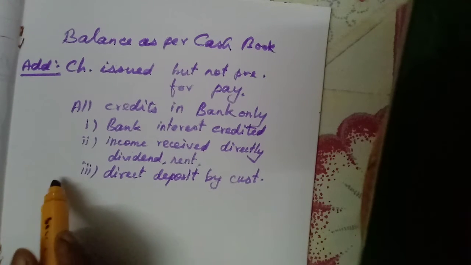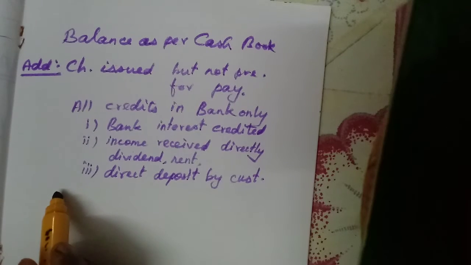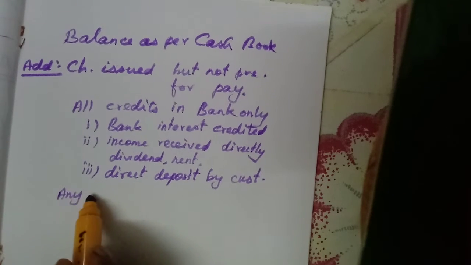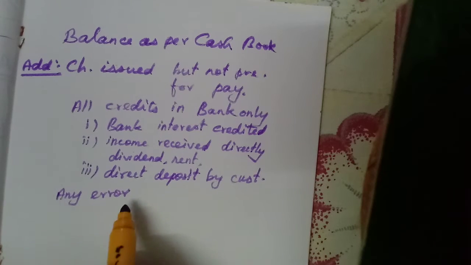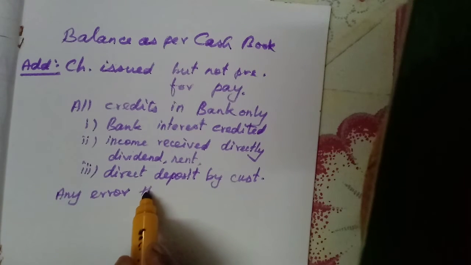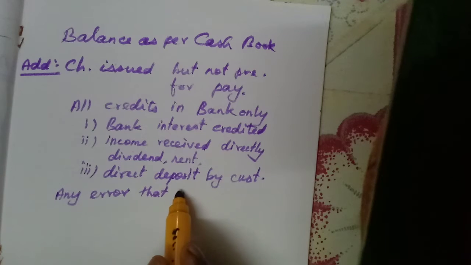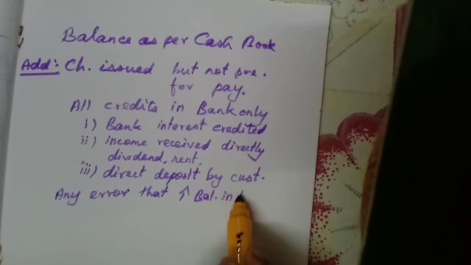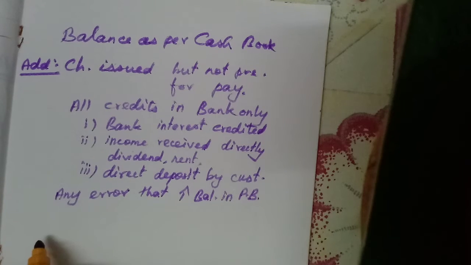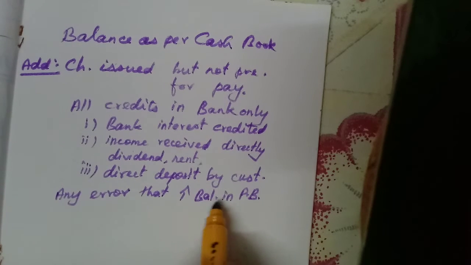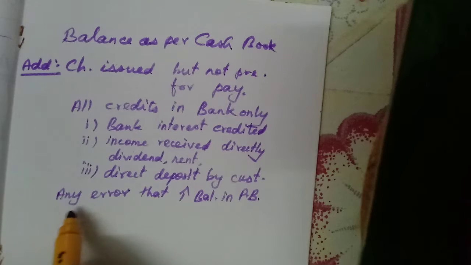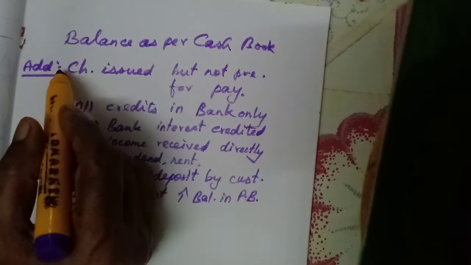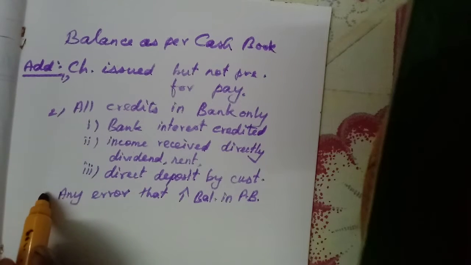Then the other one, any error that increases the balance in passbook. Any error that increases the balance in passbook, or the same thing opposite also we can say. We should add number 1, 2, 3.